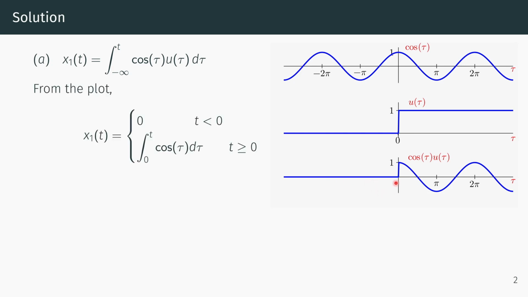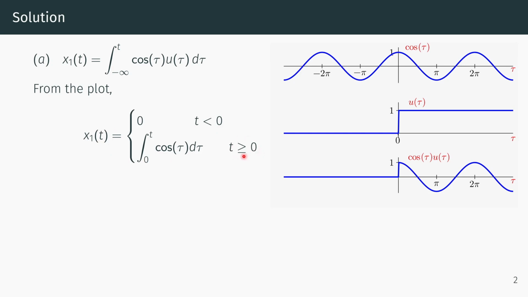And what happens when t is greater than or equal to 0? We have the function cos tau, and the integral limits should be from minus infinity to t, but the whole product starts at 0, and hence the overall integral would be from 0 to t.